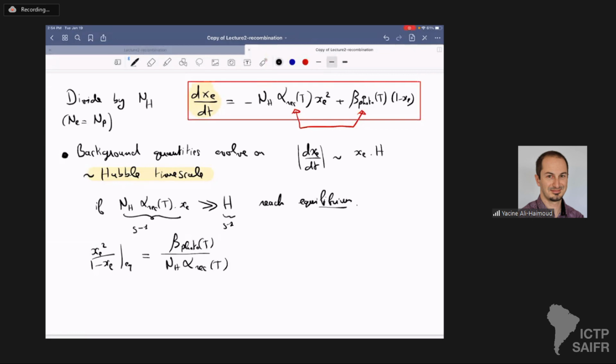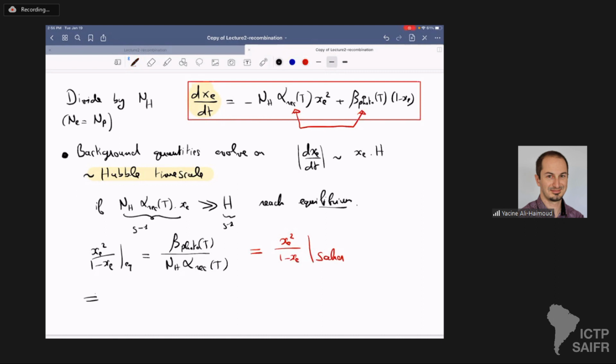Both of them depend on temperature. Now, if I assume the other two conditions of the Saha equilibrium, if I assume, moreover, that the temperature, I haven't specified what temperature, is the same for matter and radiation, and if I assume that photons are a perfect blackbody spectrum everywhere, then this equilibrium should be exactly what I obtain from the Saha equation.